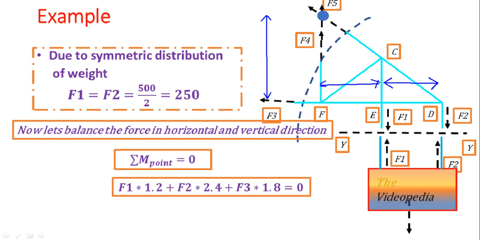Now check the direction. F3 is producing a clockwise moment. Similarly, F1 and F2 are producing clockwise moments, and this is why the equation is very simple, because all these moments have the same sign. When you solve this, you get F3 equal to minus 500.